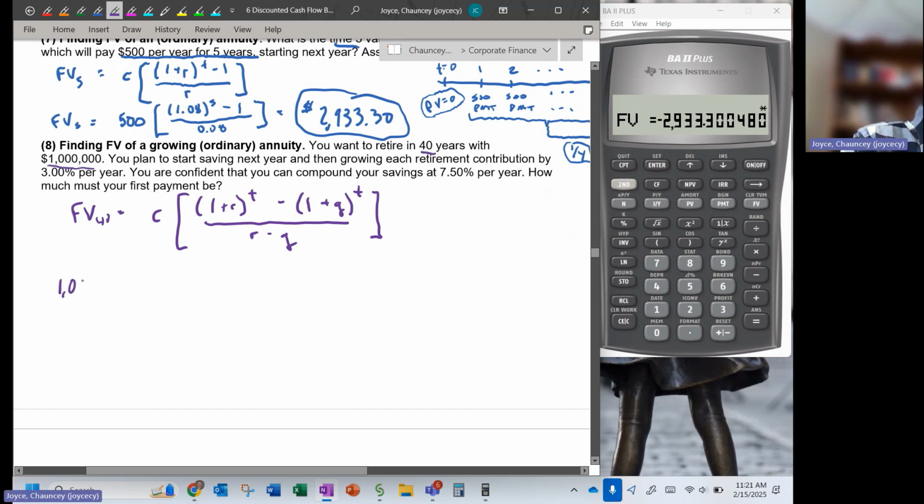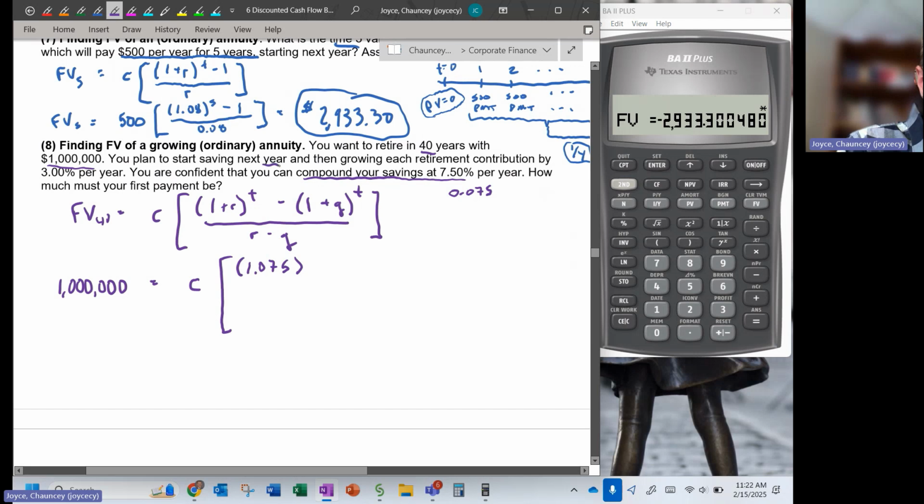So that's 1 million. And C is the amount of the first contribution that you have to make at the end of the period times 1 with R. So that's your compound rate, R, of 7.5%. And since we're using this in a formula, we have to move that decimal 2 places. So it'll be 0.075. When we combine it with 1, it's 1.075 to the power of time. This is 40.